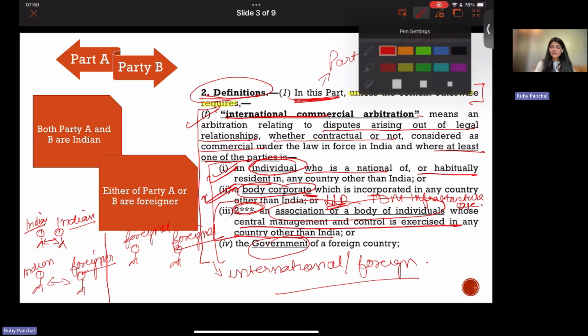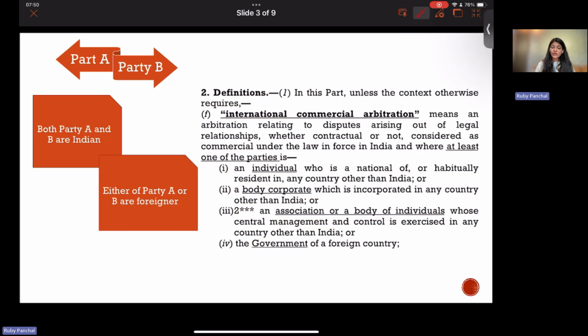Now, what are the few takeaways from Part 1? Part 1 definition is a party-centric definition. When your arbitrations are seated in India, the way we characterize an international commercial arbitration is by figuring out whether there is an international element to any of the parties to the arbitration.